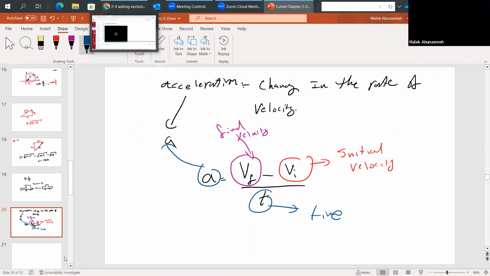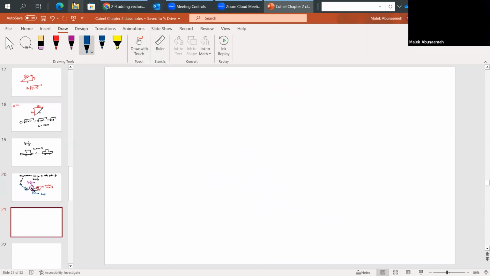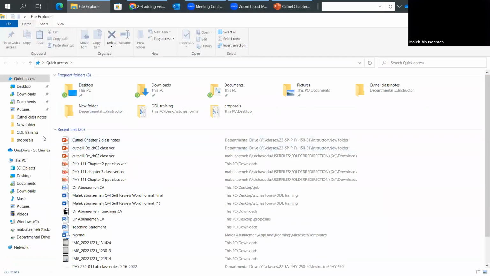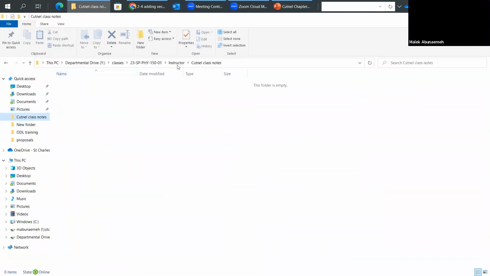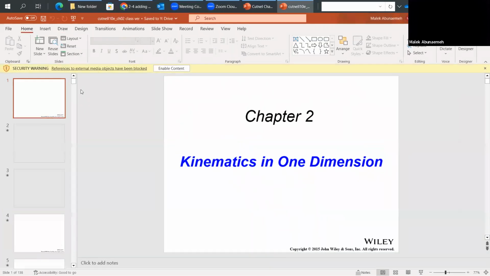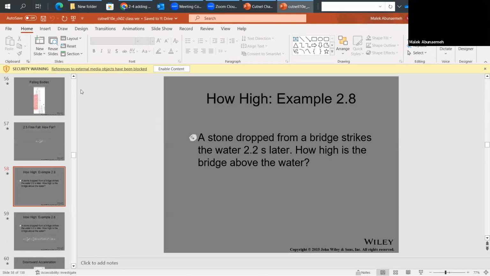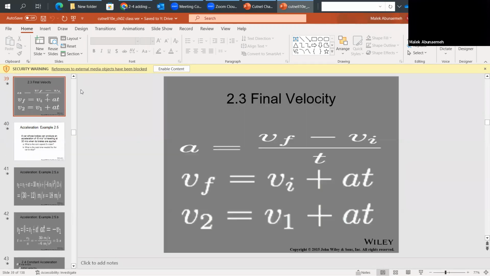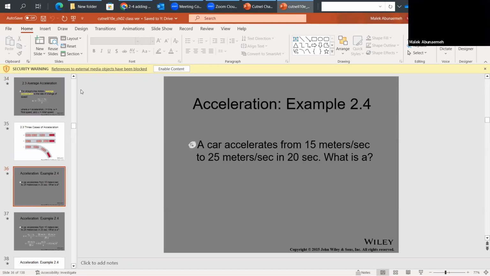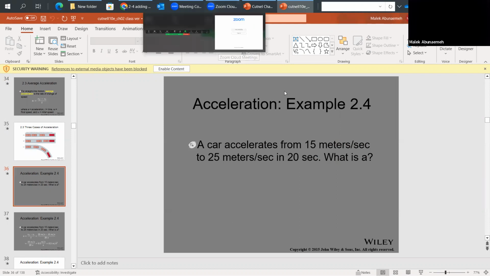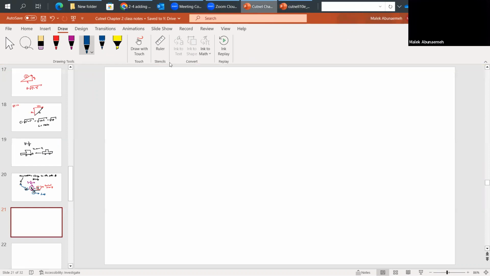So let's say you have a car that accelerates from 15 meters per second to 25 meters per second in 20 seconds. What is the acceleration? Again, using my 4 rules that we've been using. So this is example 2.4.